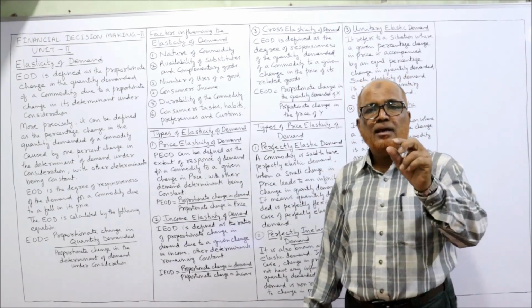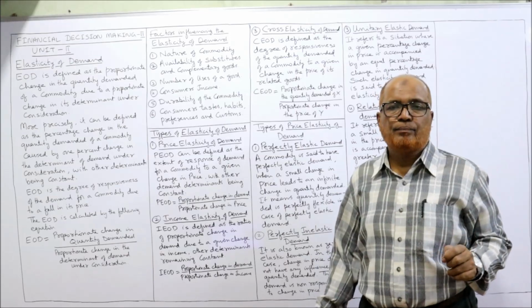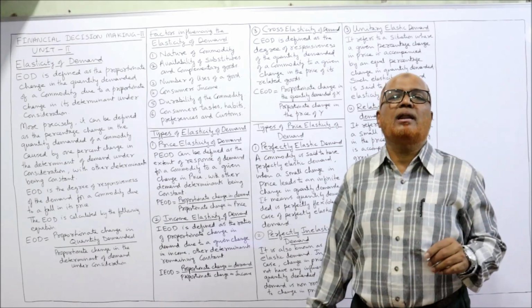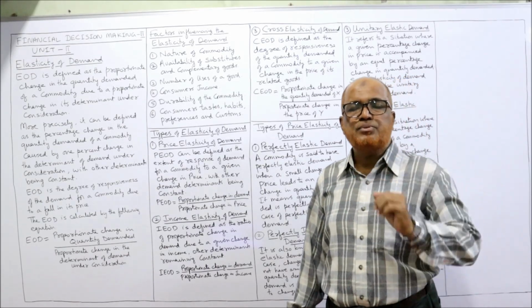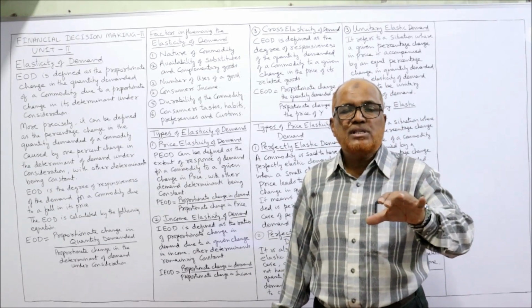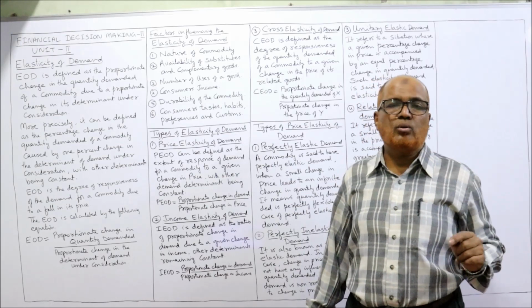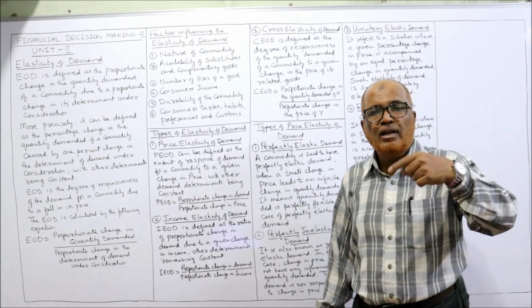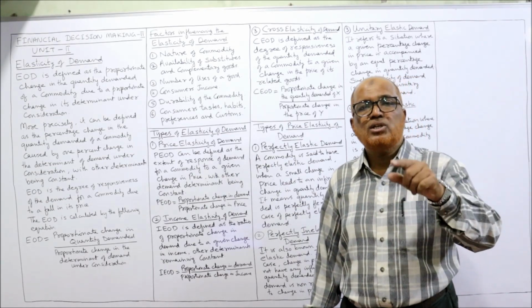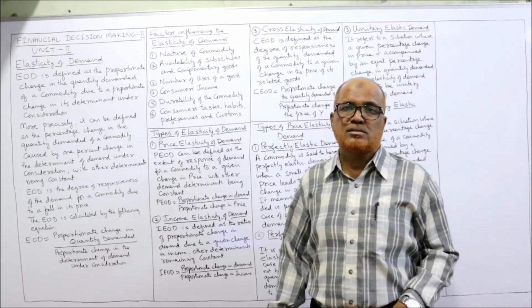Example, in the case of Maruti and Hyundai, both are related goods, both are substitutes. Suppose there is a change in the price of Maruti cars. It will lead to a change in the demand for Hyundai cars.